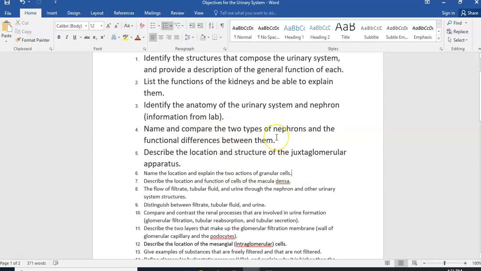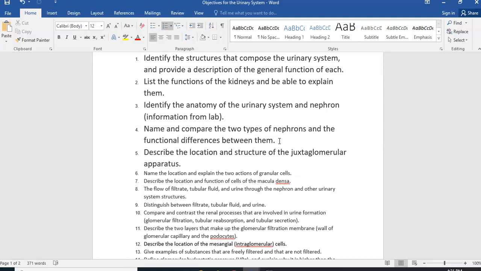The loop of Henle for the cortical nephron is very short compared to the juxtamedullary nephron, and it stays mainly in the cortex, and only a little bit of it is located in the medulla of the kidney, as opposed to the juxtamedullary nephron, where it has a much longer loop of Henle. So that loop of Henle is going to be located much more deeply into the medulla.